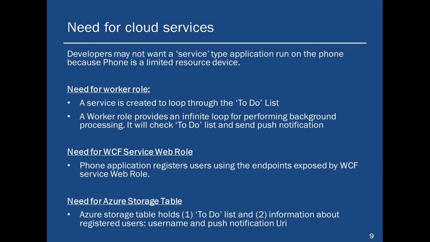Why is it that you have to look beyond the phone to get a few things done? A mobile phone, no matter whether it's an Android phone or an iOS or a Windows phone, when you compare it with the desktop, or a certain server machine, will always be a limited resource device. What is so limited in a mobile phone? Everything.